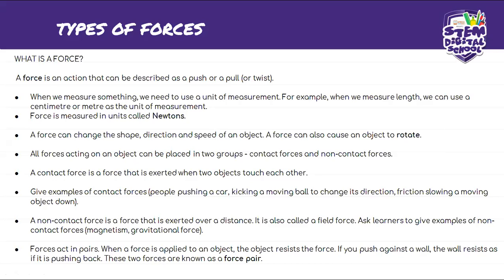Force one. Force of me on the wall. And then the second force is force of wall on me. So if I am pushing against the wall, the direction of the force is towards the wall. But if the wall is pushing back, the arrow is against me. So that is force pair.